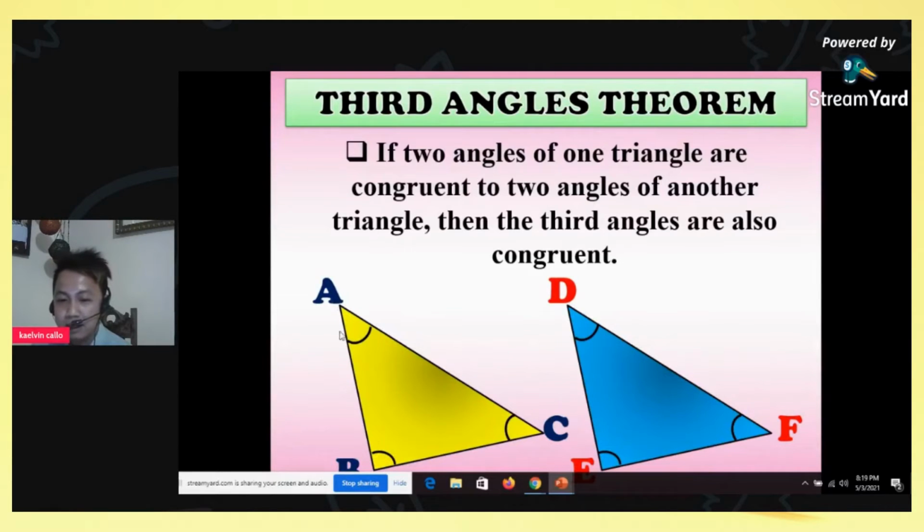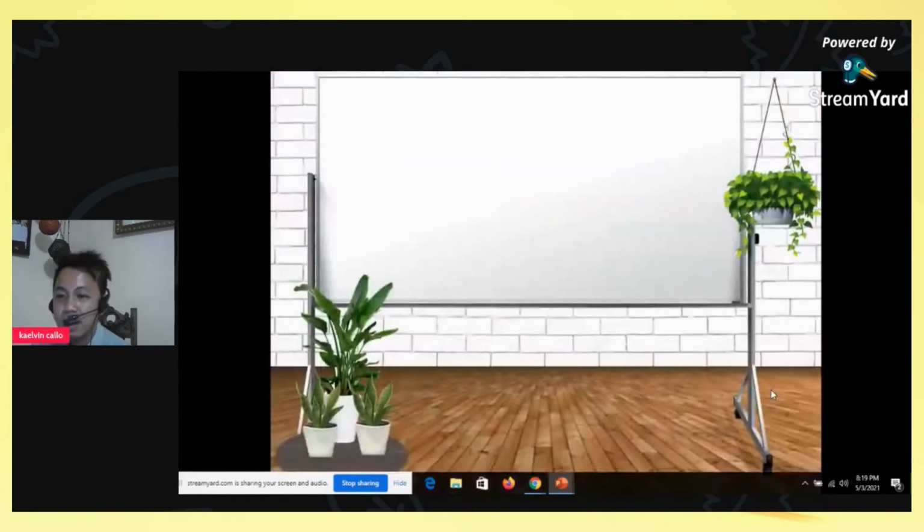Because if we add angle A and angle B and subtract it from 180 degrees, the difference would be the measure of angle C, which is also the measure of angle F.